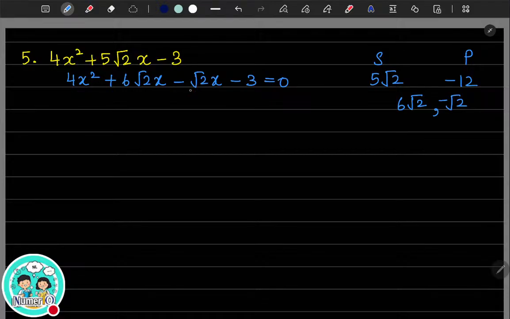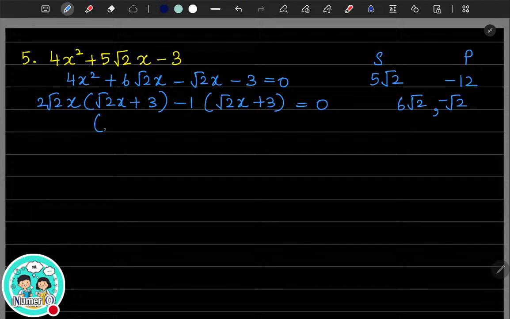Here you can take minus 1 common out. So you have root 2x plus 3. Again, in this term also you will have root 2x plus 3 common. What can you take out? 2 root 2x can be taken out, equal to 0. So one term is root 2x plus 3 and the other term is 2 root 2x minus 1 equal to 0.